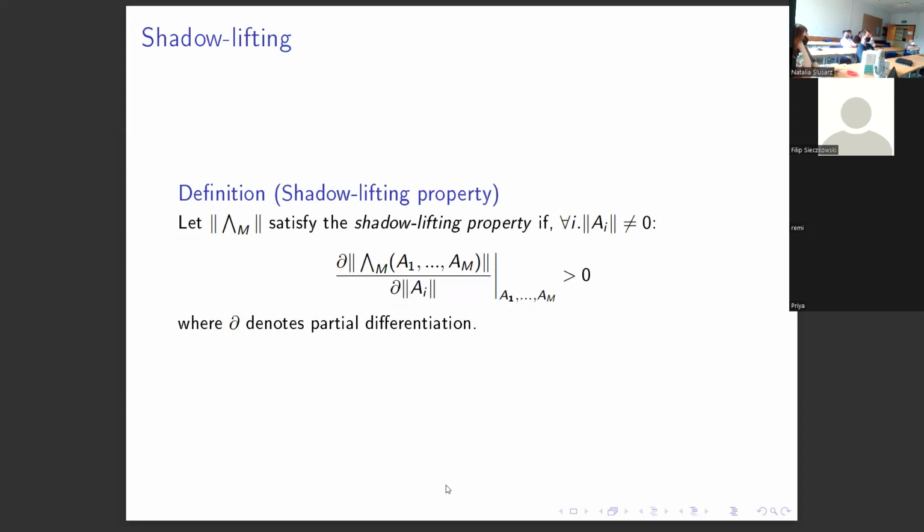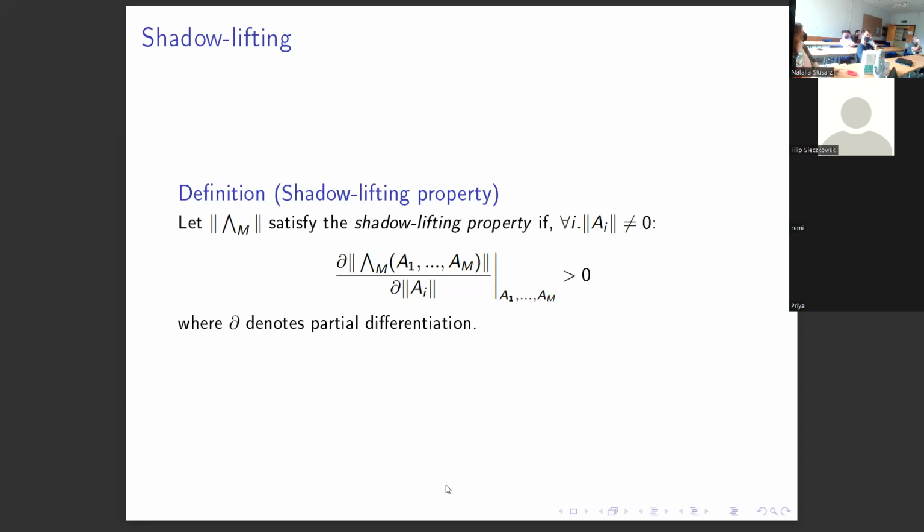And now we get to the most important property, the property that motivated that translation, and that's the shadowlifting property. In more colloquial terms than this mathematical equation, this property wants you to reward even partial improvement.